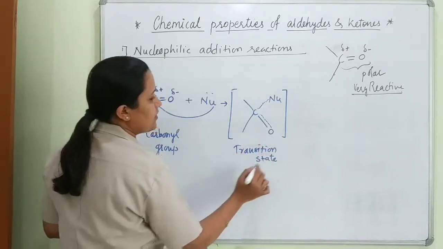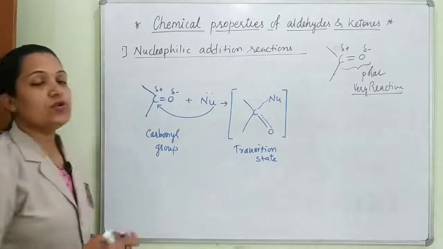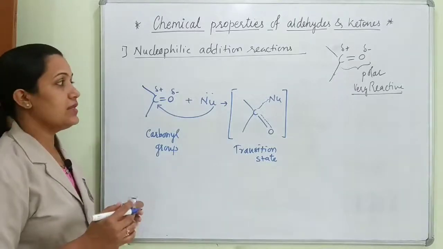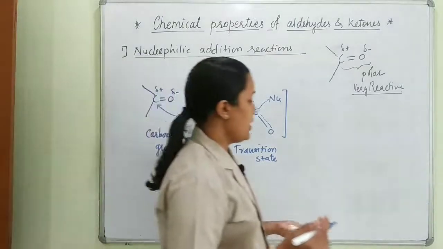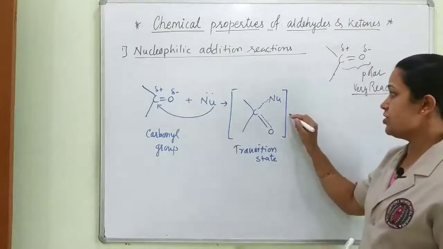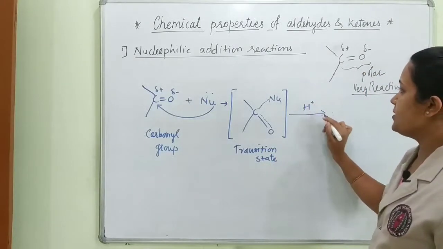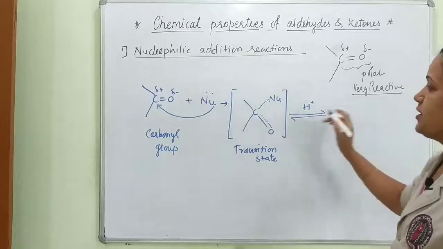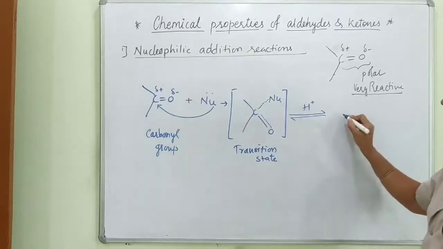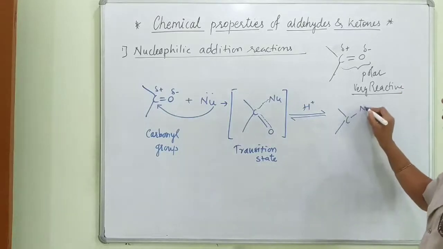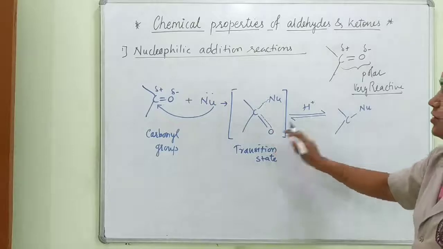And when it is in a transition state, we know that the transition state is not a stable state. That's why after this transition state, we add acid, that is H plus ion. How does it occur? This nucleophilic addition reaction occurs in this way.